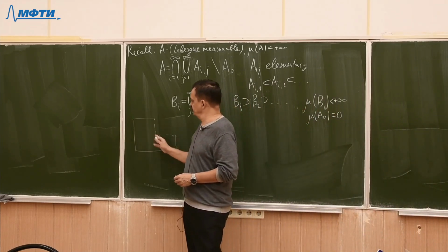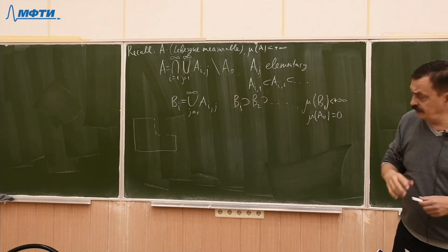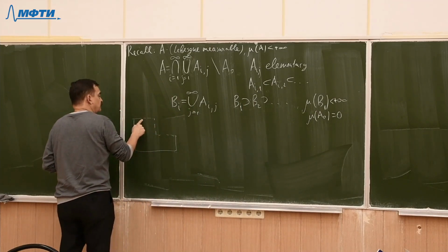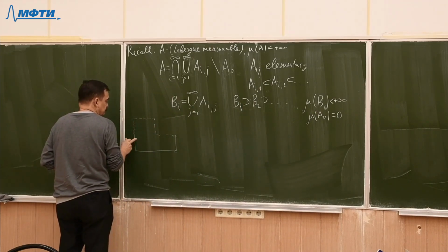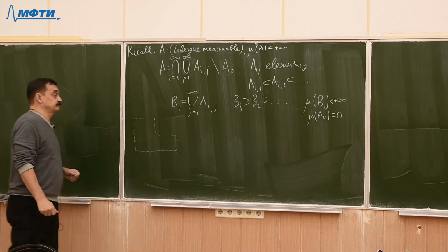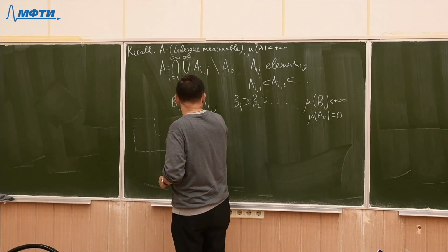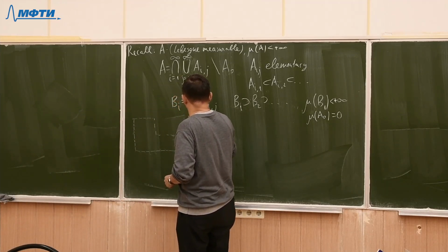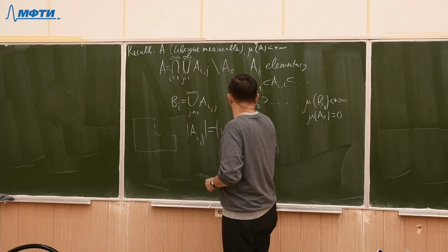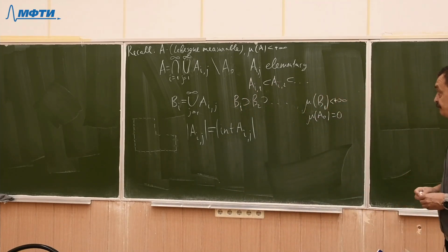Part of the boundary is included, part of the boundary is not included, and if we consider the interior, then the interior is again an elementary set, and you see that the volume of the elementary set coincides with the volume of the interior.